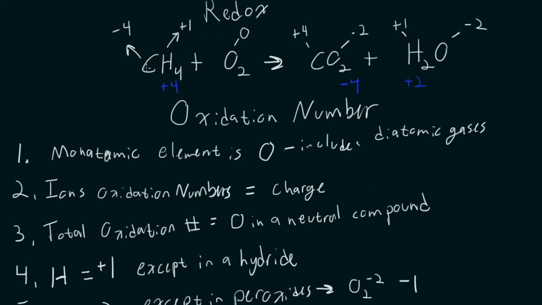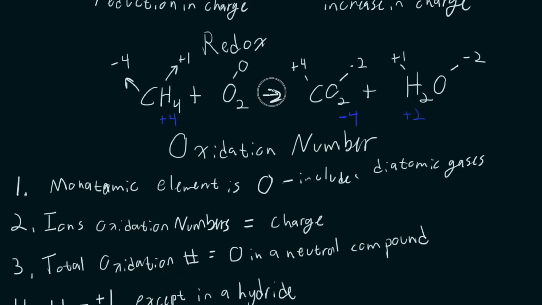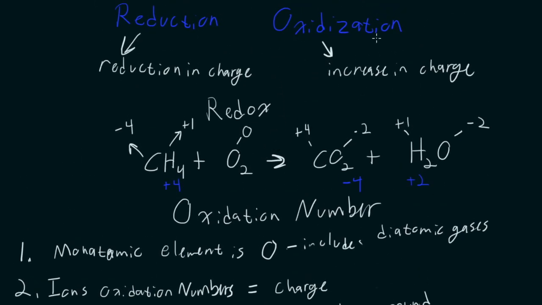And so we can see that carbon started from a -4 and went to a +4. And according to our rules, that would be oxidized. That makes sense. It increased in charge from -4 to +4. Now, the oxygen went from a 0 to a -2. Its charge was reduced, so it was reduced. Oxygen was reduced, carbon was oxidized. So hopefully that makes sense.